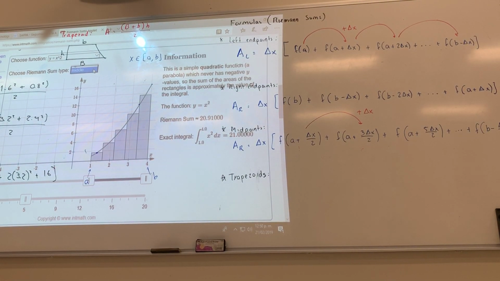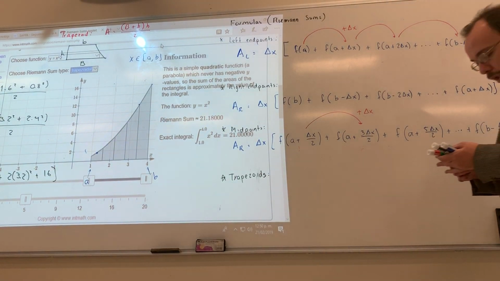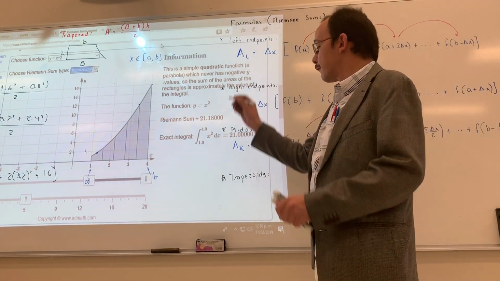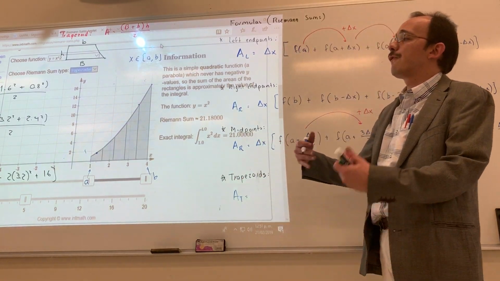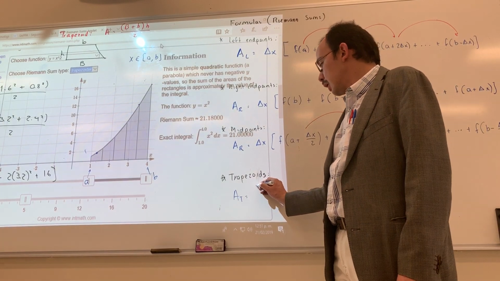For the trapezoidal method, in this case, using that formula. But if you want to factorize, it will be what?